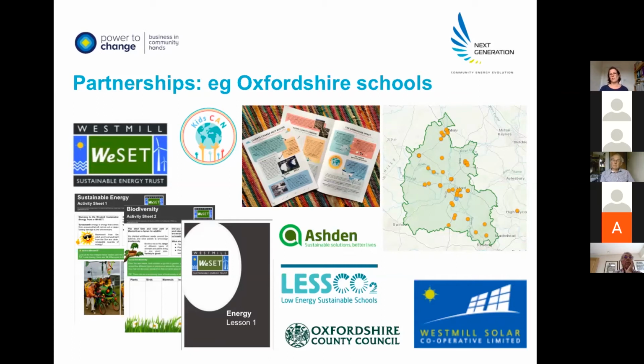We had direct contact with our schools that were hosting our PV arrays, but we knew that they just represented a really small drop in the ocean in terms of the schools across Oxfordshire. So we wanted to see how we could work with other organisations in the county to help schools not only reduce their overall carbon footprint, and not just our schools, but all the schools in the county, but also use that as an opportunity to engage with staff and with the students to help them have a better understanding of climate change and their impact on that.